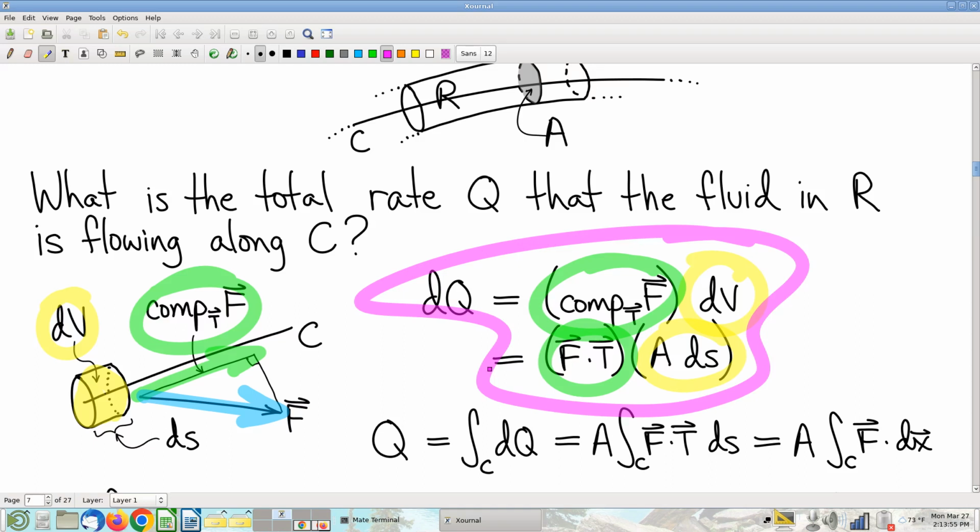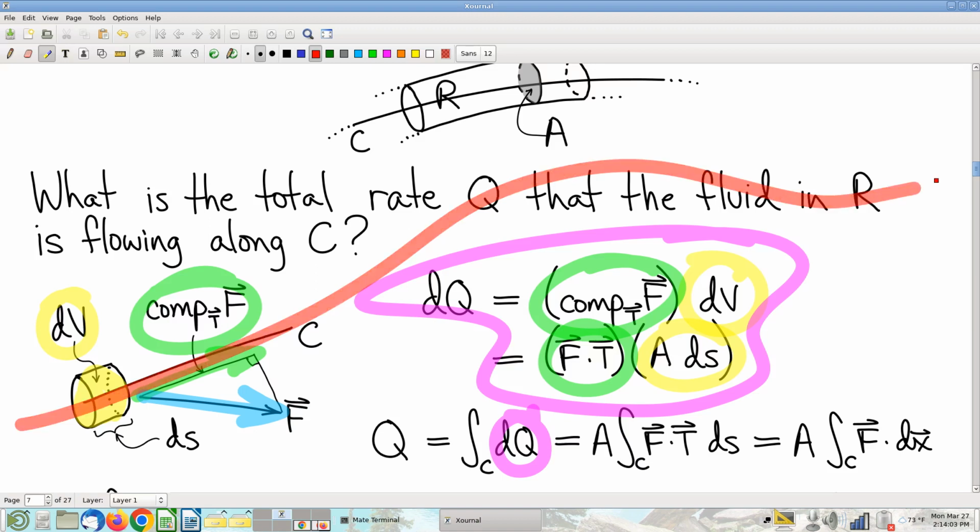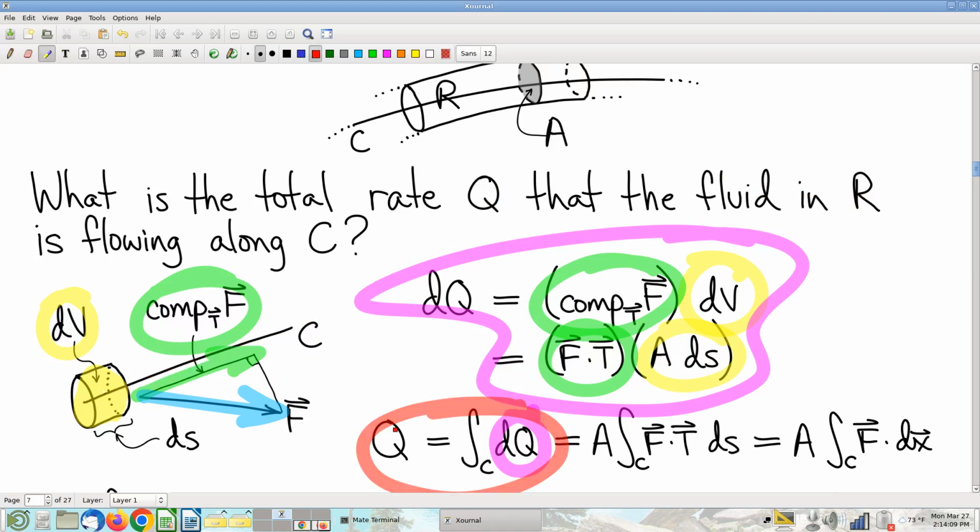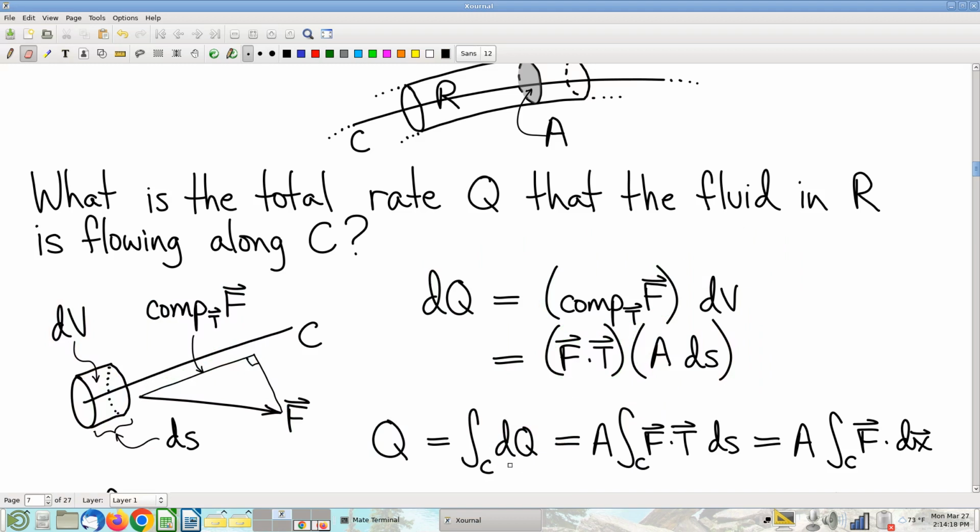So all together then, if I add this up for not just the one little piece ds, but the entire curve all together, do an integral along the whole curve, in other words, and plug stuff in and factor out constants, etc. Right, so all of this is dq.